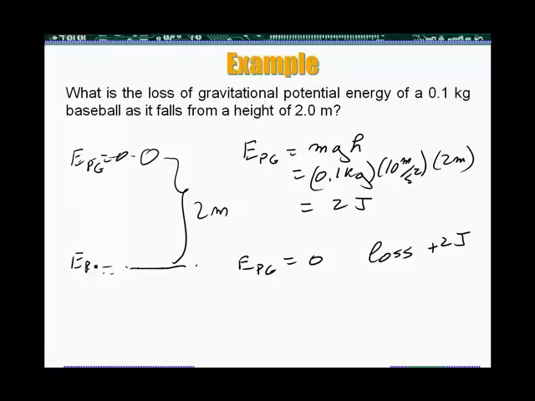EPG final would be minus 2 joules. I'm 2 meters below the reference point, so my h is going to be minus 2. It's the same expression as here, but with a minus 2, that's why I will get minus 2 joules. So I go from 0 to minus 2 joules, so my loss is still 2 joules.